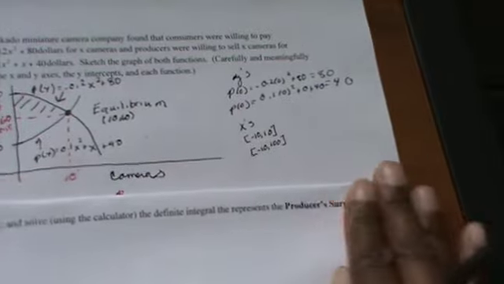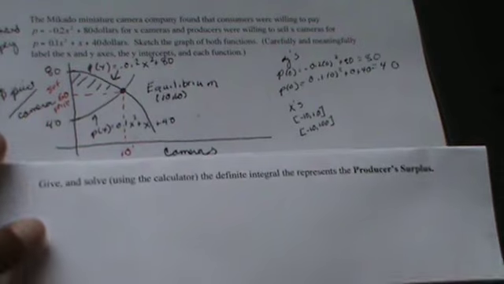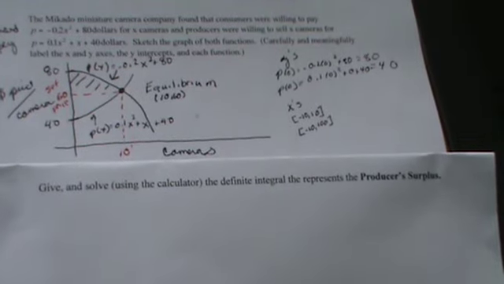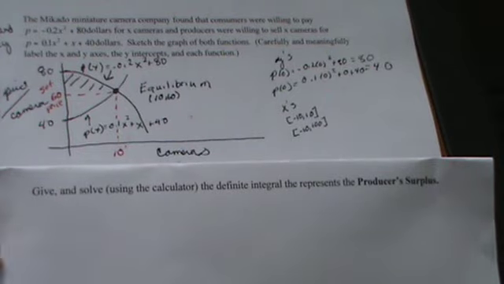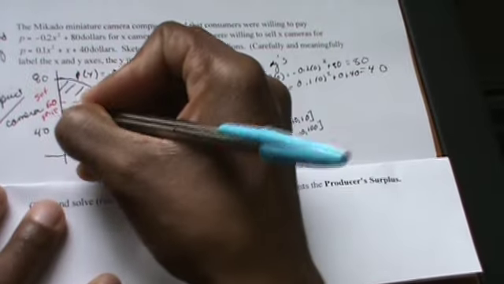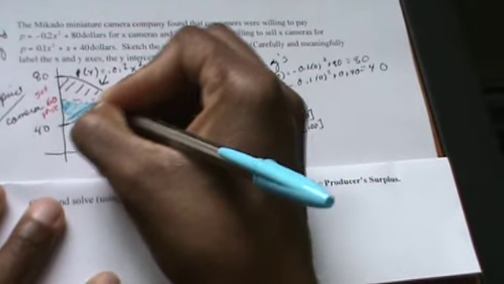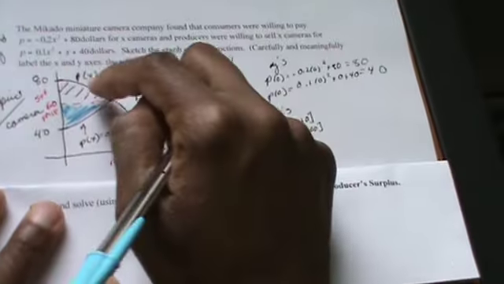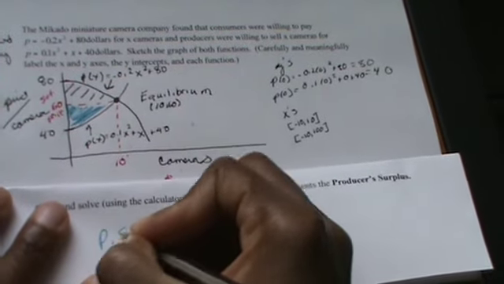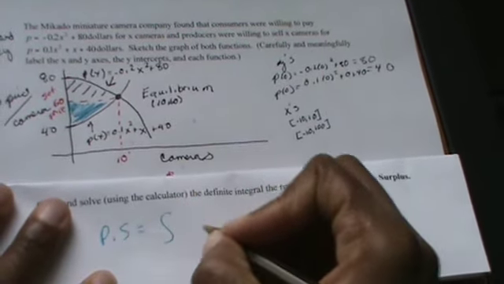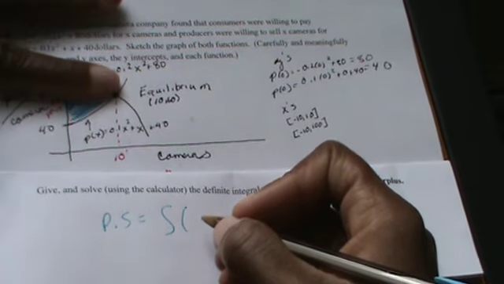Now your producer surplus comes into play when the set price is higher than they were secretly willing to take. This blue region is the producer surplus. It has nothing to do with the consumer surplus. Your producer surplus is equal to, again, top minus bottom. In this case, look what's on top, $60, right?